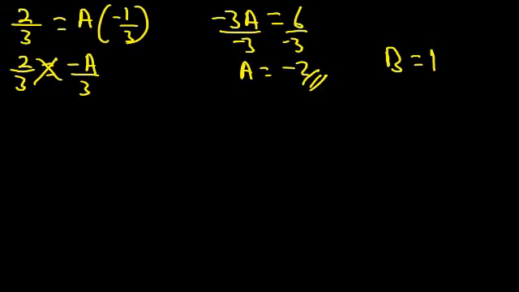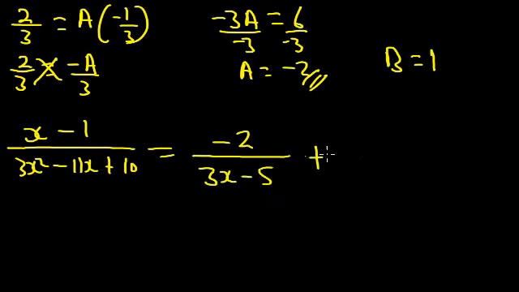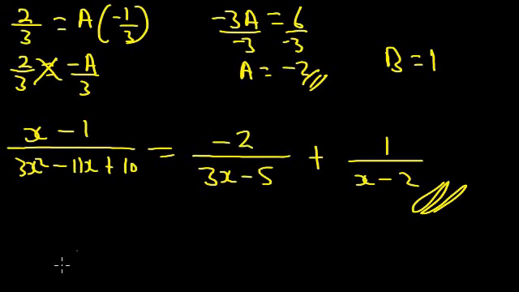So therefore, x minus 1 all divided by 3x squared minus 11x plus 10 can be split into negative 2 all divided by 3x minus 5, then plus 1 divided by x minus 2. And this is our final answer. I hope you grasp that.